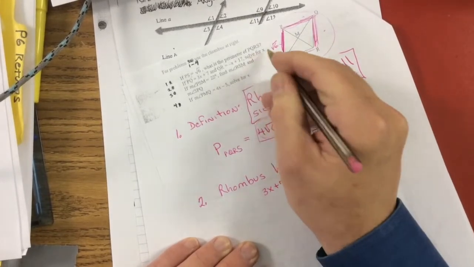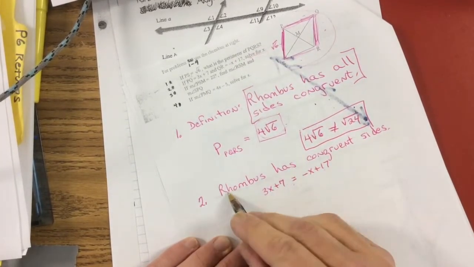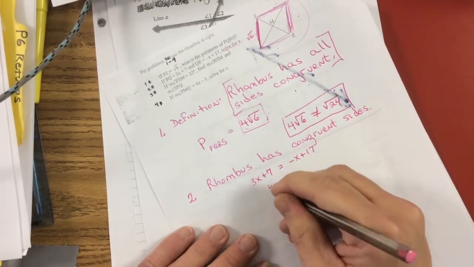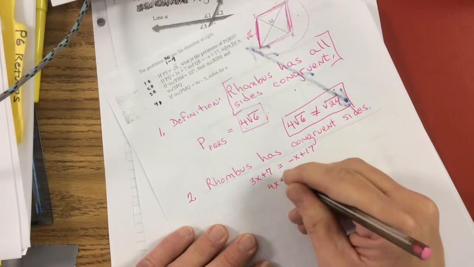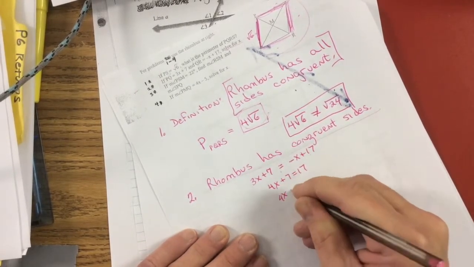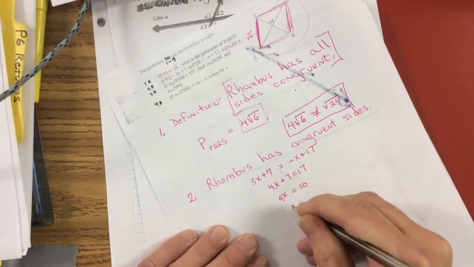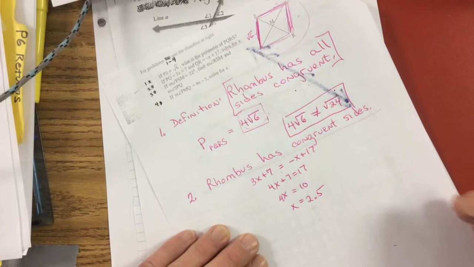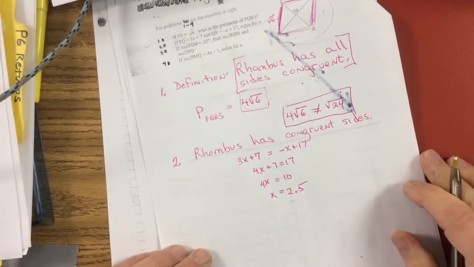So we've got to solve for x. We know they're equal because all the sides are congruent. So add x to both sides, subtract 7 from both sides, and divide both sides by 4. And your answer is 2.5.